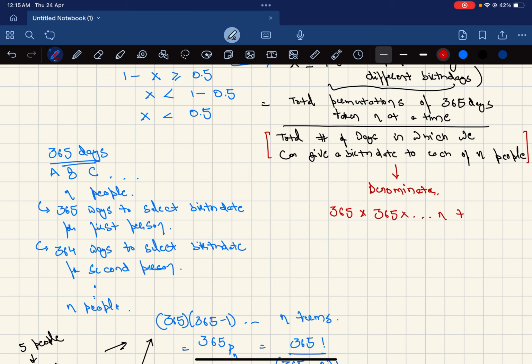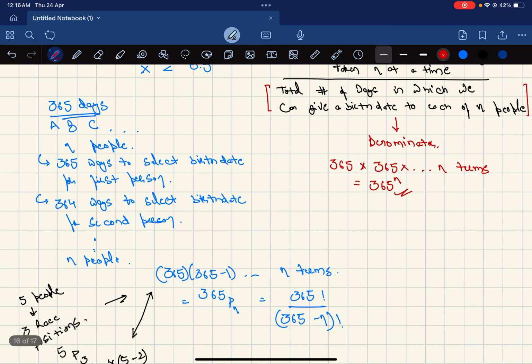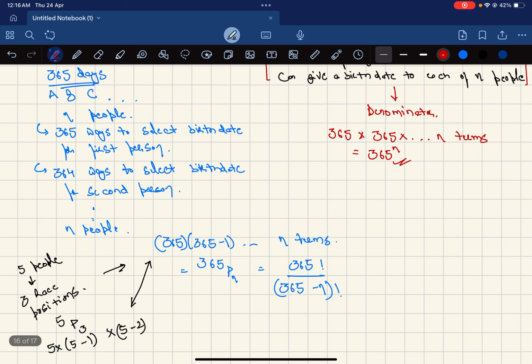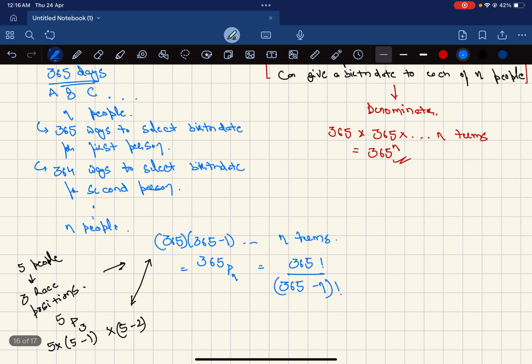We have n terms, so this can be written as 365 raised to the power n. This is the total number of ways in which we can assign a birth date to each of the n people. Therefore, the final probability x, which we earlier had as less than 0.5, can be written as 365Pn divided by 365 raised to the power n, less than 0.5.